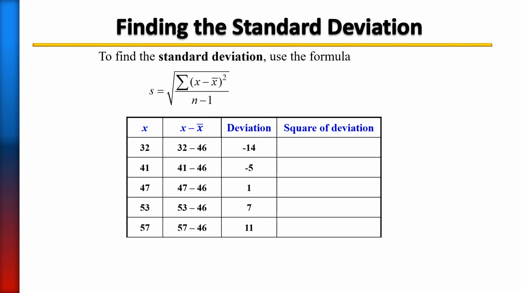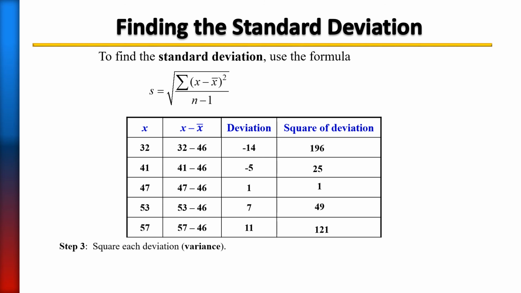So negative 14 squared is negative 14 times negative 14, which is going to give us positive 196. Negative 5 times negative 5 is going to give us positive 25. 1 times 1 will give us 1. 7 times 7, 49. 11 times 11, 121.